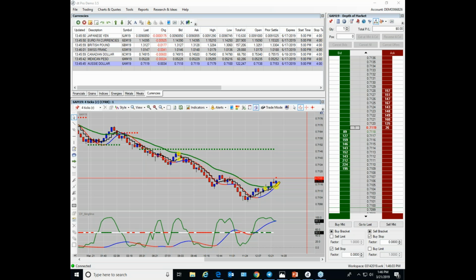Right now, the black step line is into the BBC. That is a disqualifier. Anytime that black line is into the BBC like it is there at the point of entry, that's the third disqualifier.